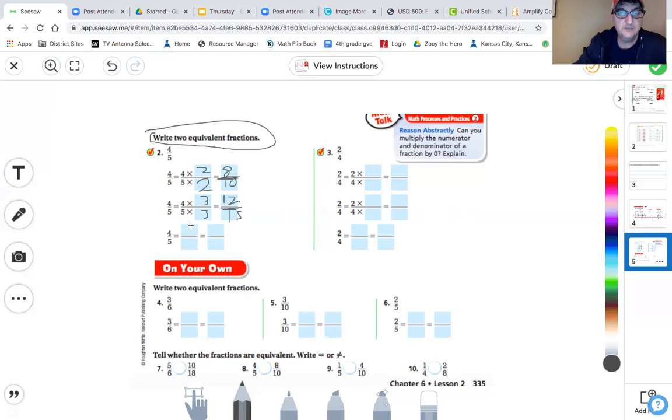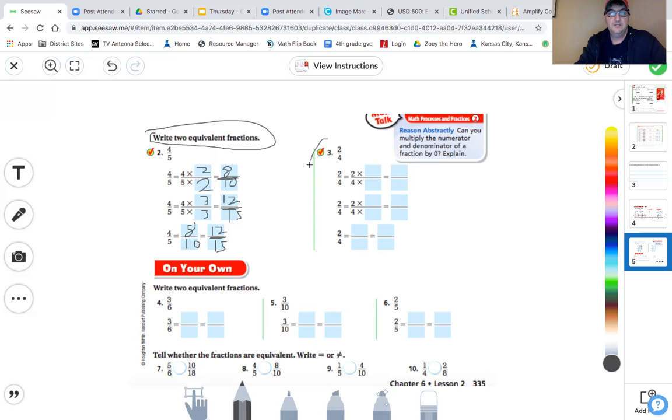So we've created two fractions that are equivalent to 4/5, 8/10 and 12/15. So the point we're making here, Kamari, is that for any fraction, if you multiply the numerator, the number on top, and the denominator, the number on bottom, by the same number, you'll create a new fraction that's equivalent to this fraction, all right?